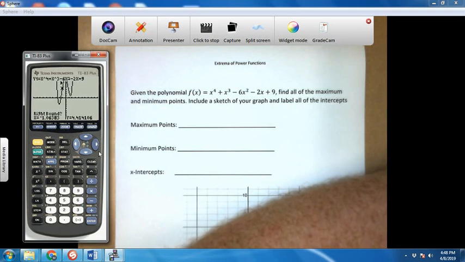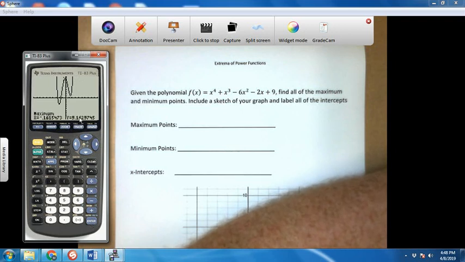I'm going to press my right arrow, make the little cursor go up around the hump, so I know it's on the other side of the hump now. I can see it flashing. I'm going to press enter. So it's going to stop looking here. So it's looking in between these x values. Now it says guess, so I'm just going to hit enter.